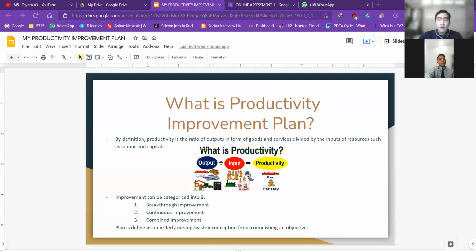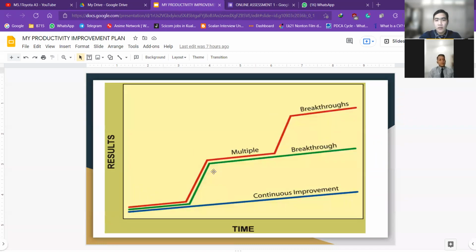So how about improvement? Improvement can be categorized into three. First, breakthrough improvement. Secondly, continuous improvement. And thirdly, combined improvement. I will tell you more detail about these three improvement types.